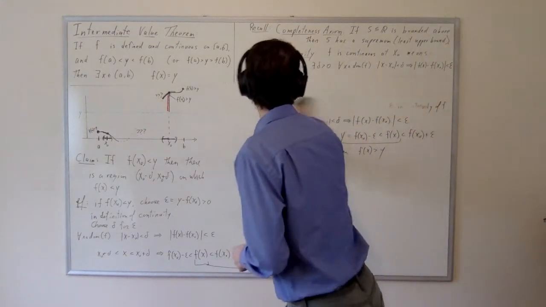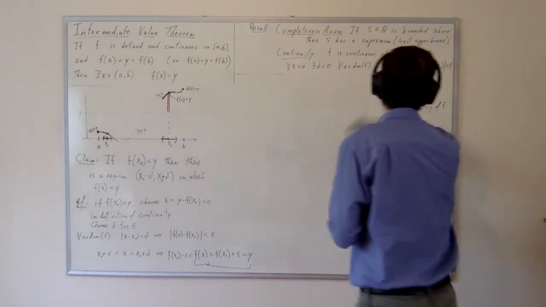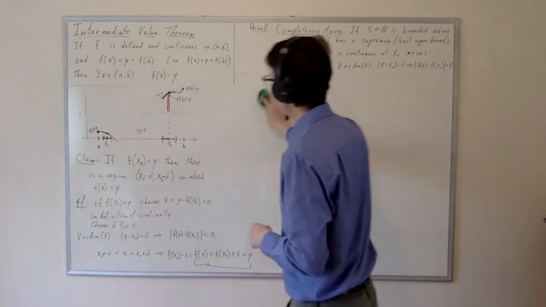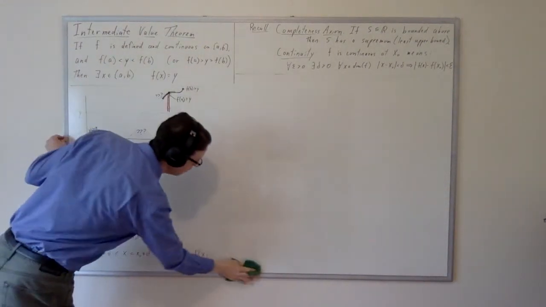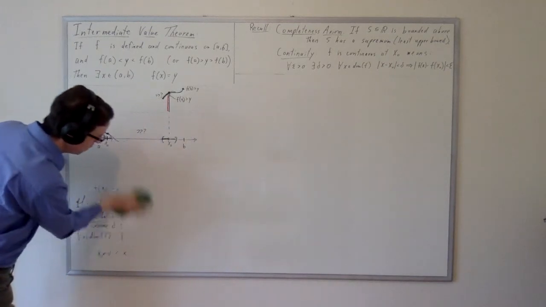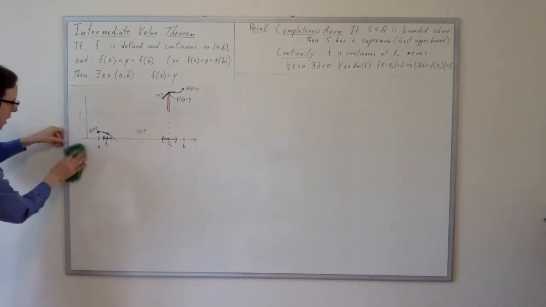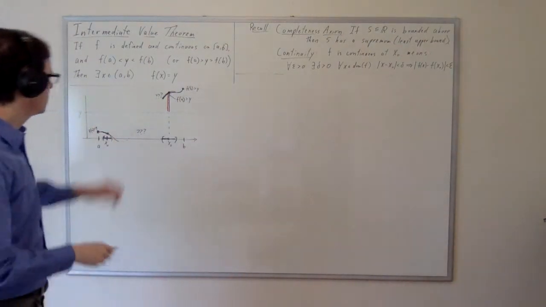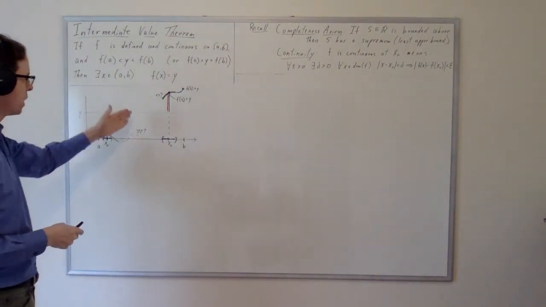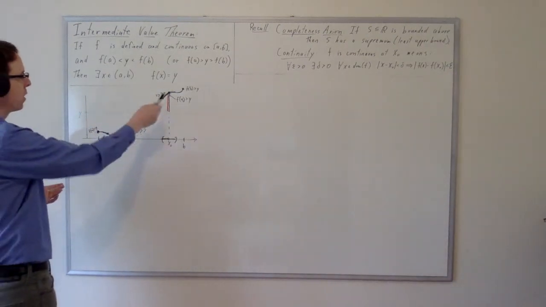Now, the challenging thing about the proof of the intermediate value theorem is that there's no particular obvious strategy by which you should try to identify the point x, right? We don't know anything about the function.